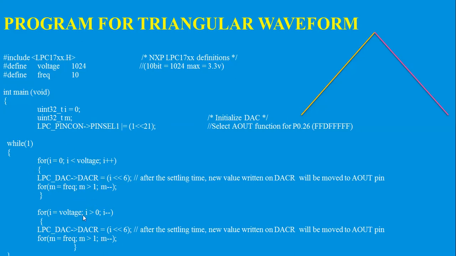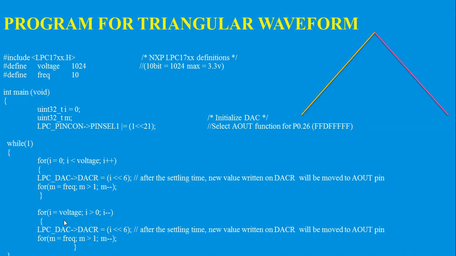Now the alternative for loop is going to be checked. Here we initialize the variable I with the maximum value, that is voltage, nothing but 1024, and we compare whether I is greater than 0. As long as I is greater than 0, the value of I is decremented, and that value is again loaded into the DAC register.